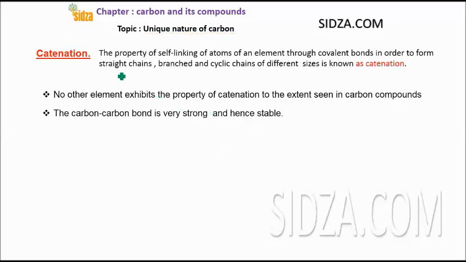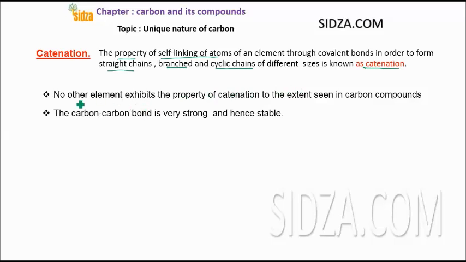So what is catenation? The property of self-linking of the atoms of an element through covalent bonds to form straight chain, branched, or cyclic chain molecules of different sizes is called catenation.